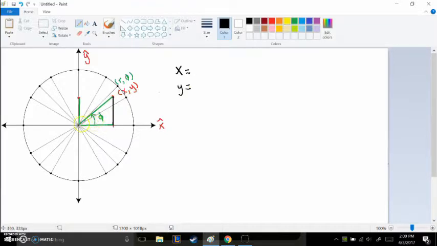X has some length, and it's also projected down here by this angle. So we're going to say it's the length r, which the original green line was, and we want to scale it down by cosine of phi based on the angular relationship between this and this.